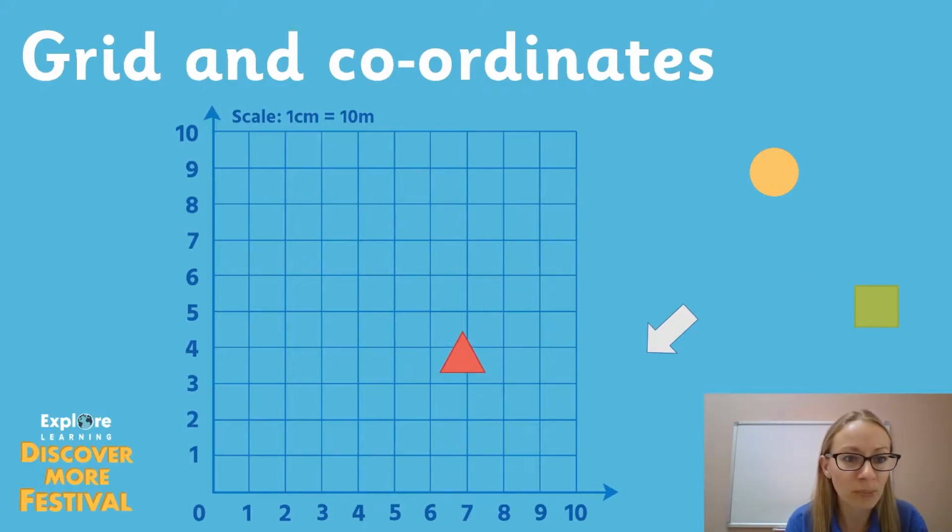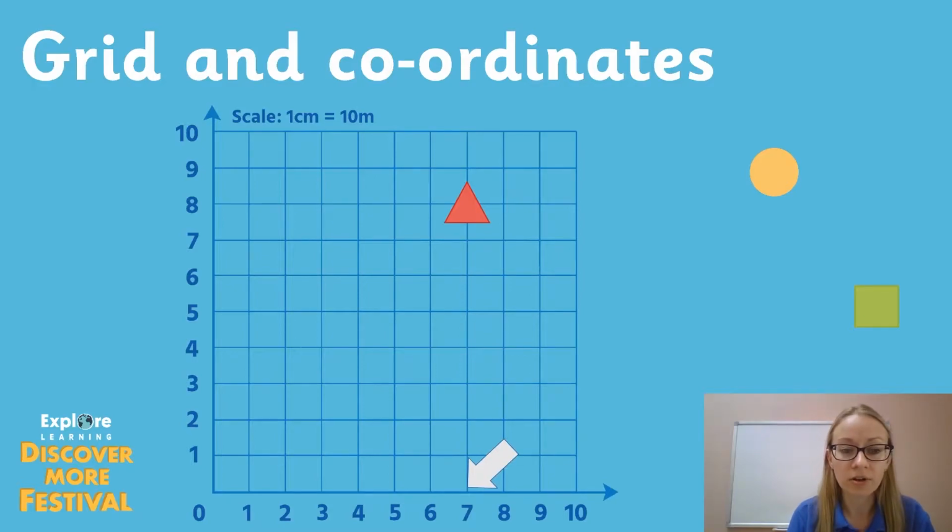My challenge is I want to find the coordinate of the center of this red triangle. Okay, so let's have a look together. First of all, I'm going to move along the x-axis here until I need to stop at the line where the triangle is placed. So I've stopped here at the 7 because the triangle is placed on this line.